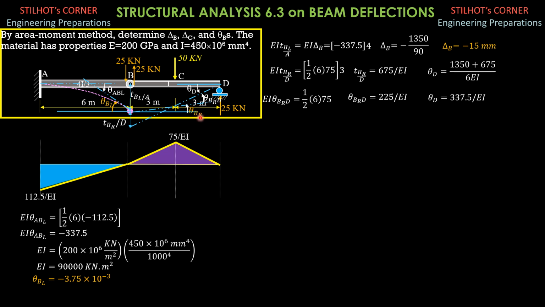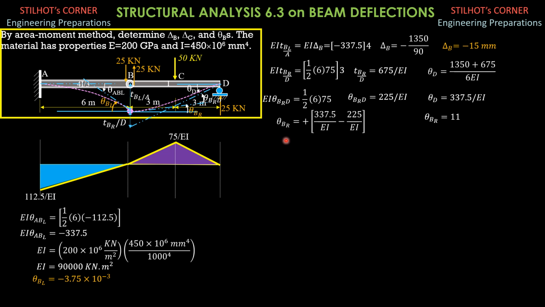And reading it from the figure, horizontal to the tangent at D is theta D minus theta B right D. So it is positive. Theta B right is equal to positive theta D, 337.5 over EI, minus theta B right D, 225 over EI.